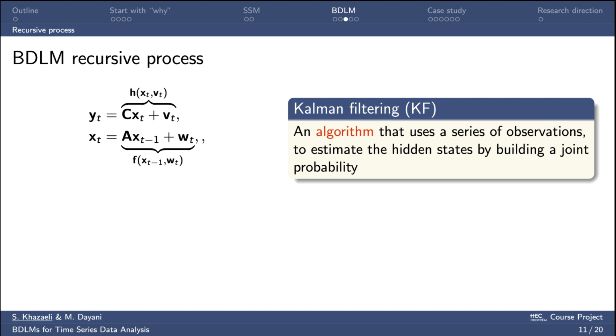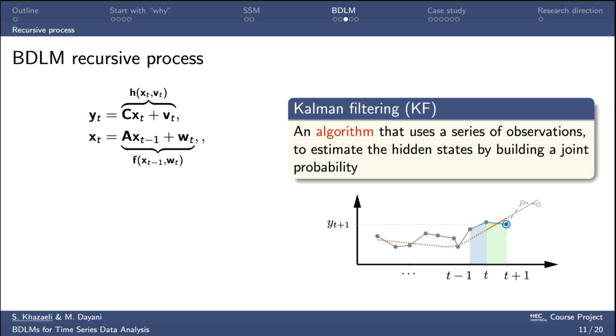KF is an algorithm that uses a series of observations to estimate the hidden states by building a joint probability. KF allows us to carry out our estimations between time steps. Here in the figure, you see that we have the estimation between t minus 1 and t, and the Kalman filter allows us to move to the next time step between t and t plus 1.